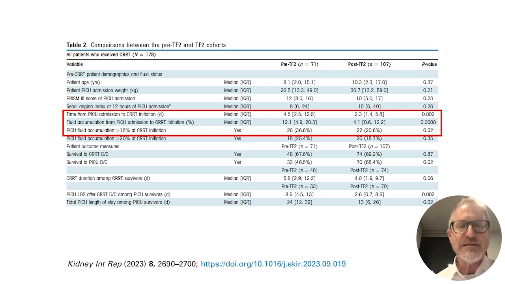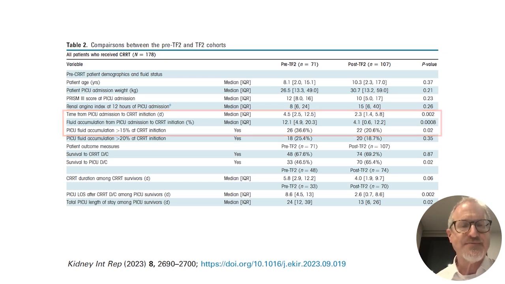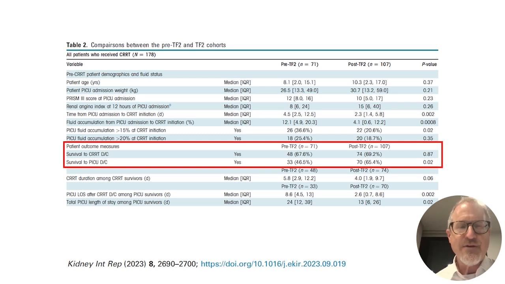Now, these are just process measures, but they showed that Taking FOCUS 2 had some impact on clinical care and clinical decision-making at Cincinnati Children's. What was quite remarkable is that while survival to CRT discontinuation did not improve in the Taking FOCUS 2 era, survival to ICU discharge did improve.